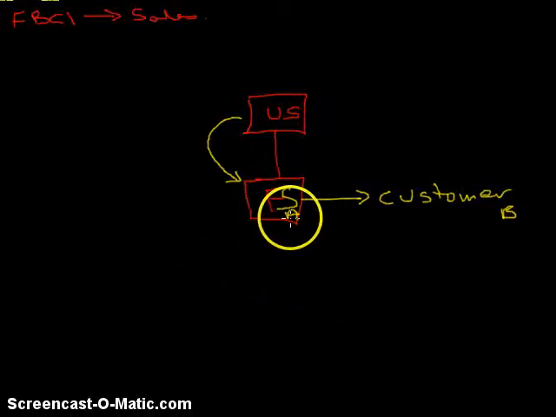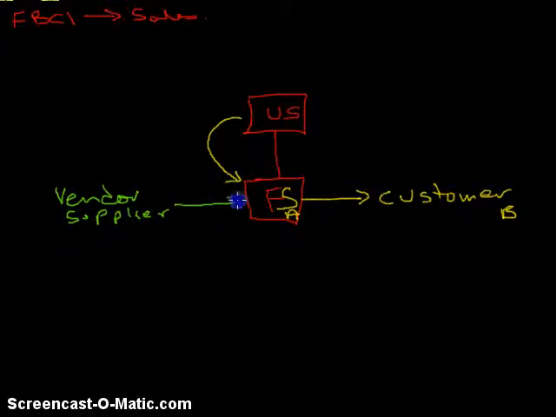So this country A, for example, may be Hong Kong, and maybe instead of it being a customer, I have a vendor or supplier. My Hong Kong company is going to purchase from the supplier, let's say they're in China, and then turn around and sell to the U.S. Well, again, who's on which end of the transaction is irrelevant.